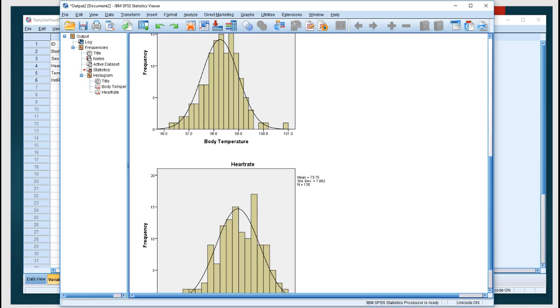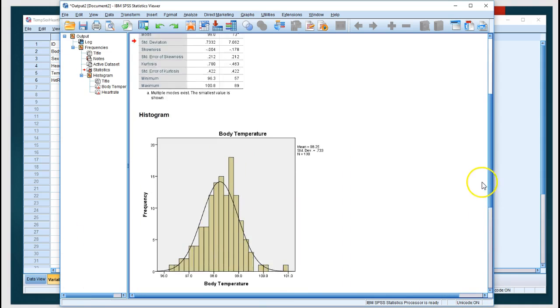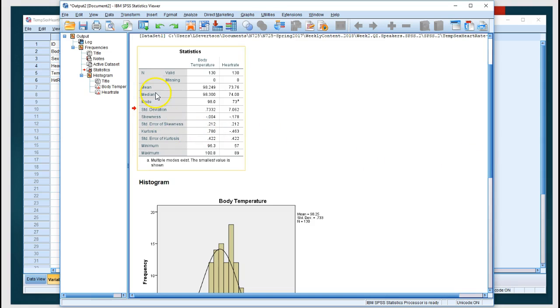So as a result of this analysis, we could conclude that both of these variables meet the condition of being normal based on looking at this curve, but most importantly, by looking at these measures of normality that are diagnosed by these analyses for skewness and the analysis for kurtosis.